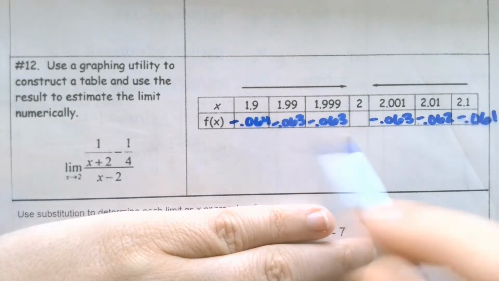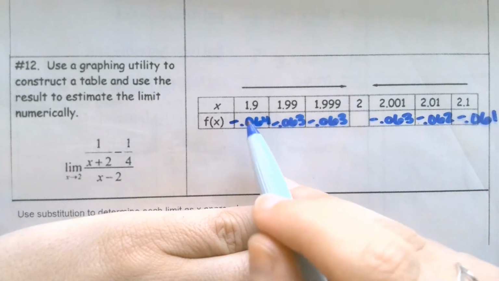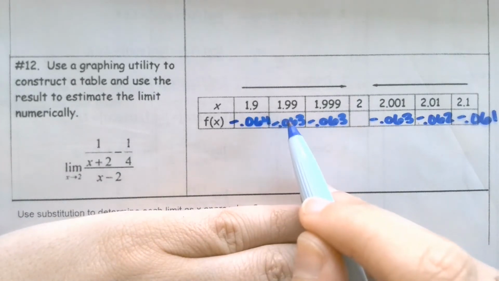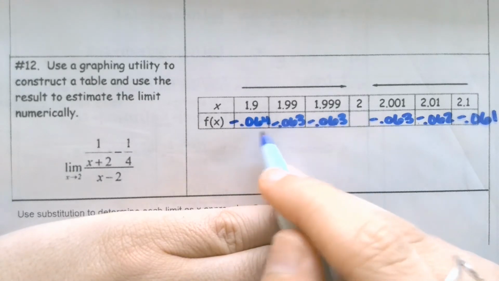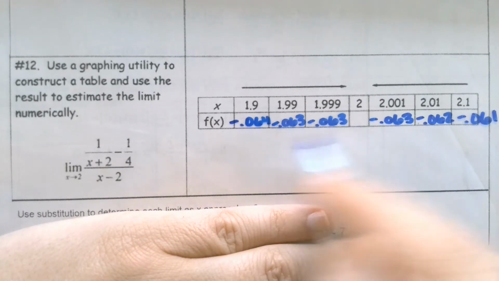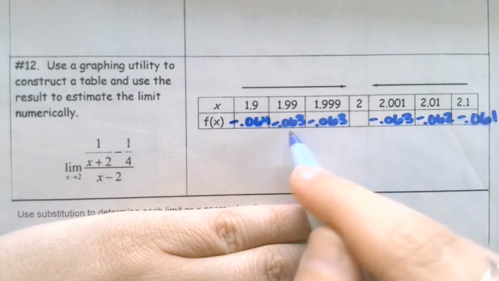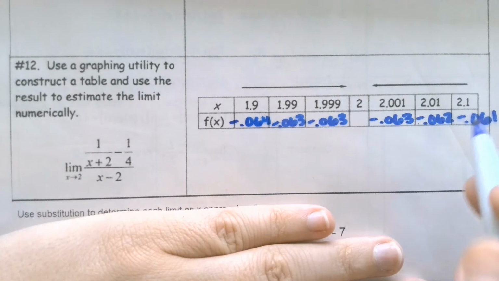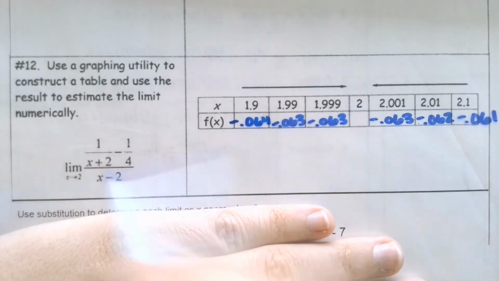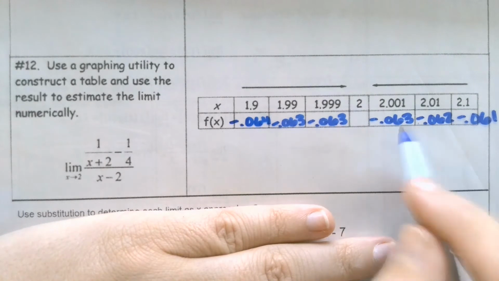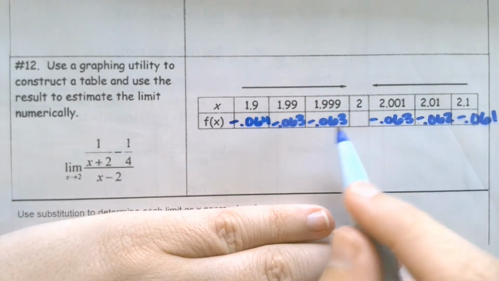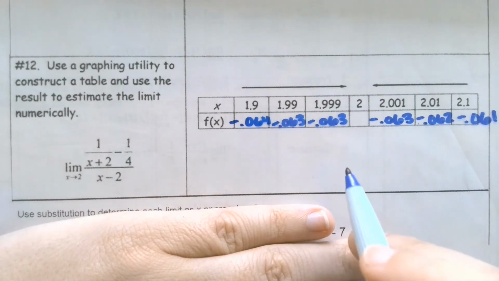But we can see as we plug in some numbers to the left, so 1.9 and then one that's closer to 2 from the left, 1.99, 1.999, we can see that our numbers are getting closer to a specific value. They're even rounded to be the same value here. If we plug in numbers on the right, and by plug I'm saying I'm plugging in 2.1 into the function, 2.01 into the function, 2.001 into the function, we can see that they also start getting closer and closer to that same number that was on the left.